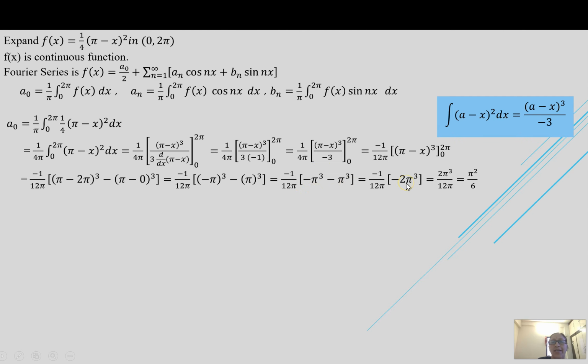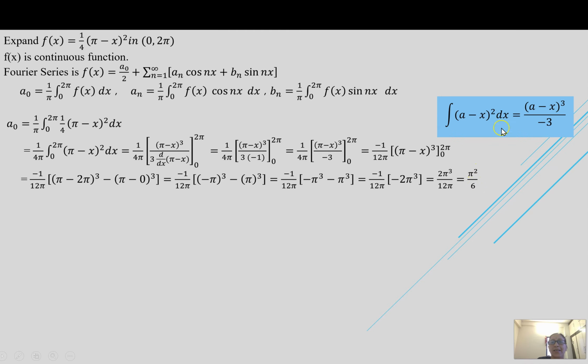So here minus 2 pi cube, minus into minus becomes plus. Here 1 into 2 pi cube, that is 2 pi cube by 12 pi. So you can cancel these numbers and you can cancel 1 pi, then you get pi square by 6. So pi square by 6 is the value of a naught.